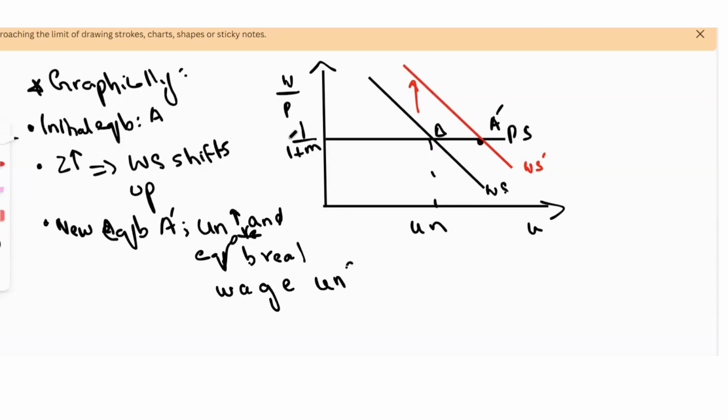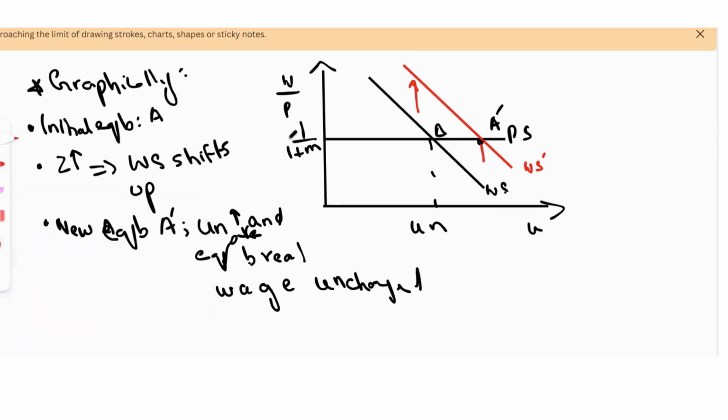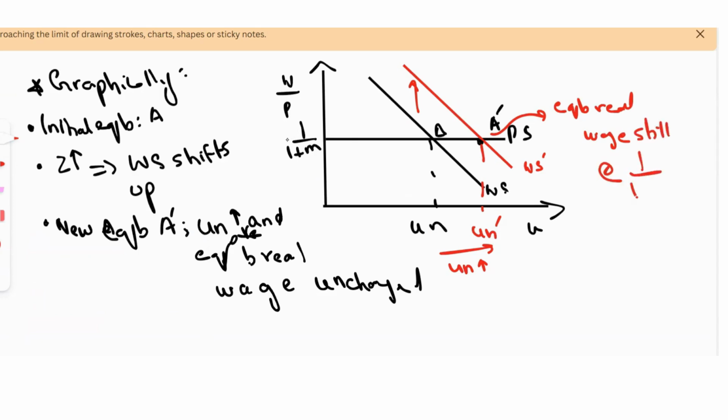Here we can see this is UN prime. So UN increases, and the equilibrium real wage is still at 1 by 1 plus mu, right?